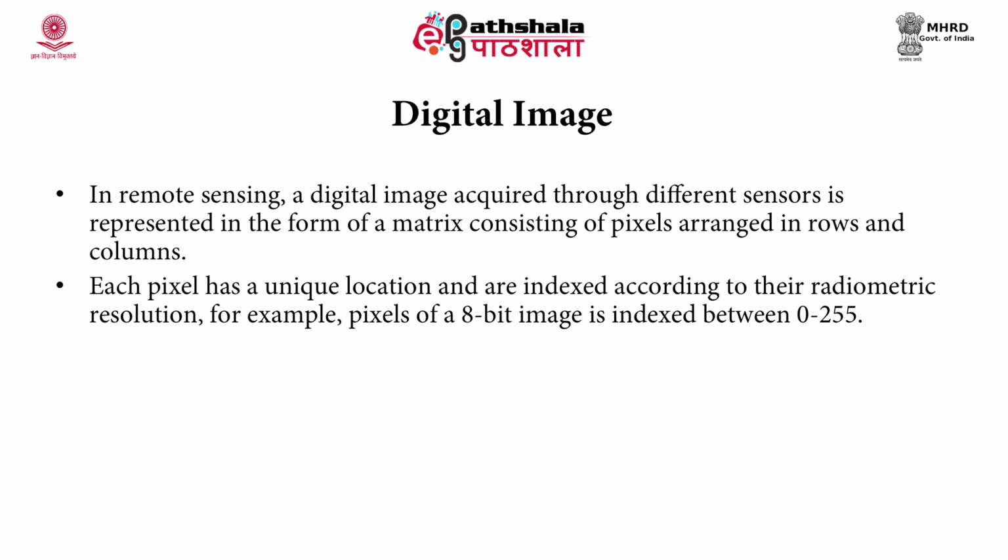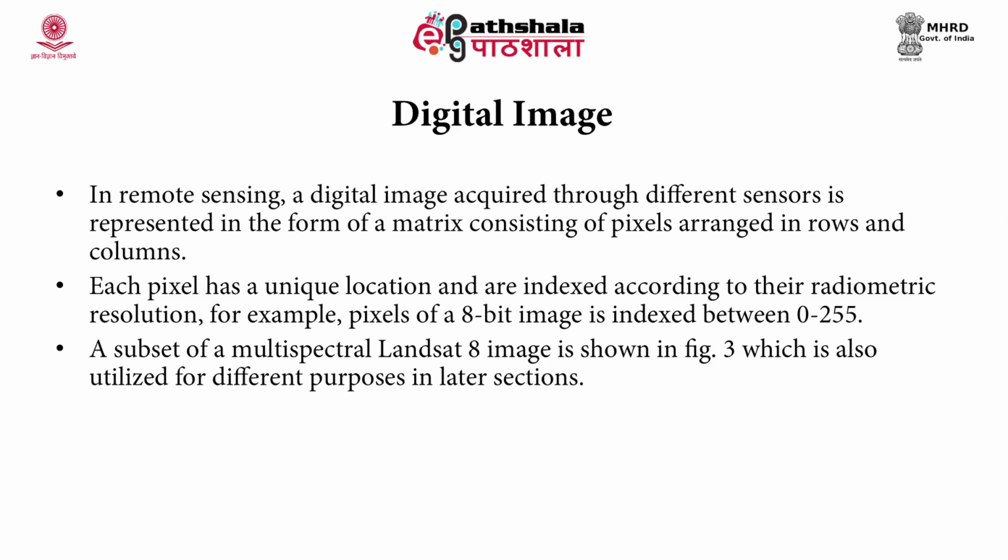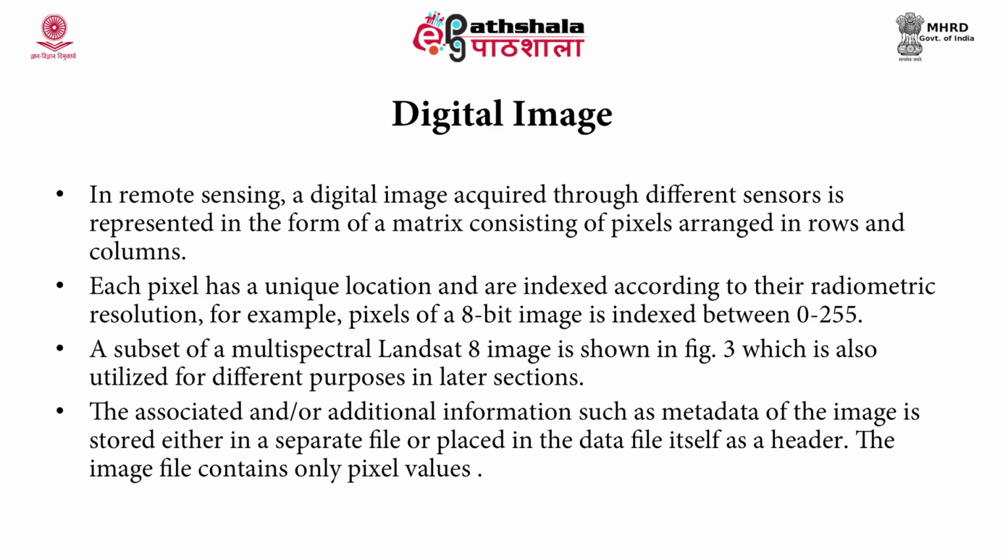For example, the pixels of an 8-bit image are indexed between 0 and 255. A subset of a multispectral Landsat image is shown in the coming figure, which is also utilized for different purposes in later sections. The associated and additional information, such as metadata of the image, is stored either in a separate file or placed in the data file itself as a header. The image file contains only pixel values.